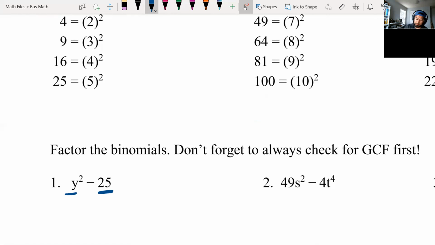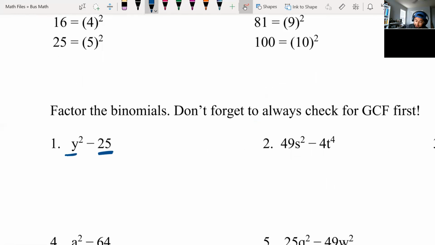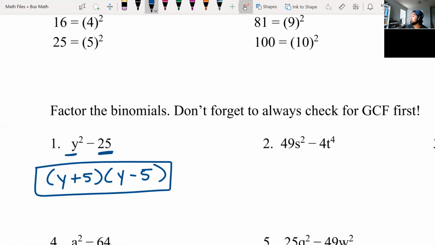So this means that since this is a difference of two perfect squares, this will just factor to y plus 5, y minus 5, and that's it, guys. Can't get any better than that. But they have to be perfect squares.